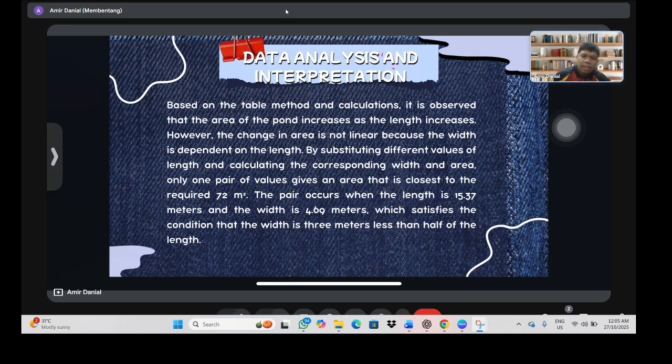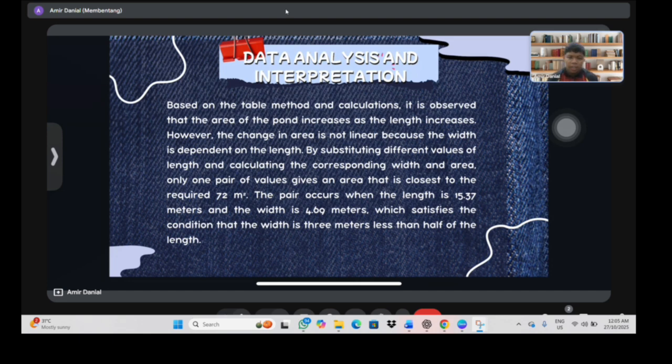However, the change in area is not linear because the width is dependent on the length. By substituting different values of length and calculating the corresponding width and area, only one pair of values gives an area that is closest to the required 72 square meters.